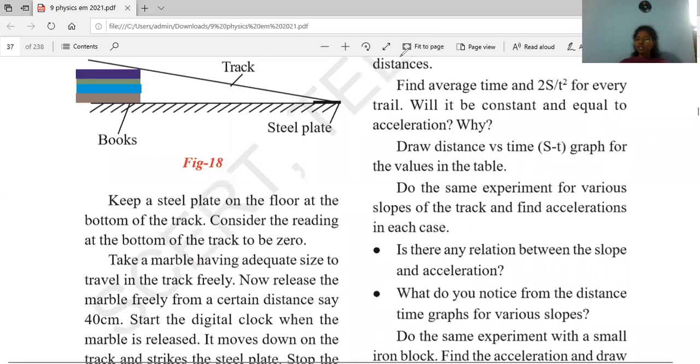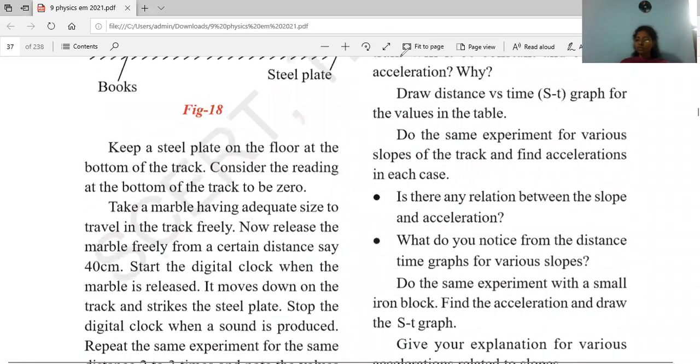Is there any relation between the slope and acceleration? Yes, there is a relation between slope and acceleration. If the slope increases, acceleration also increases. And what do you notice from the distance time graph for various slopes? What will you observe when you draw the graph here? Tell me.